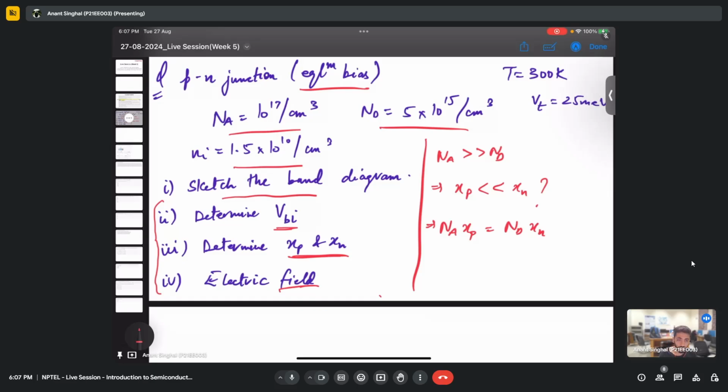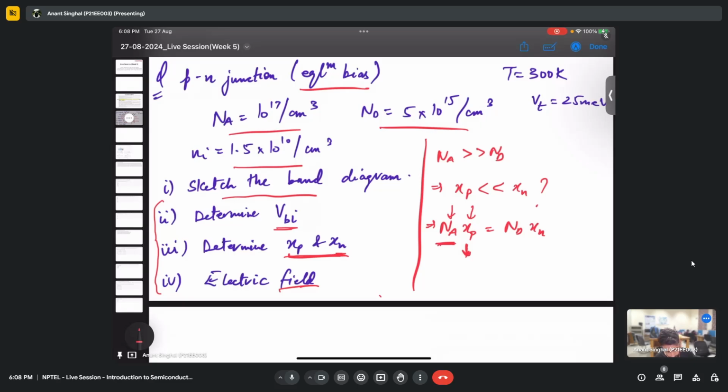So the area of the charge density should be equal. That means if we have a higher Na, then Xp will be lower. That is, higher doping means a lesser depletion width on either side. So a higher p-type doping means a lesser depletion width on the p side. That is why we will have a higher Xn for this particular question as compared to Xp.